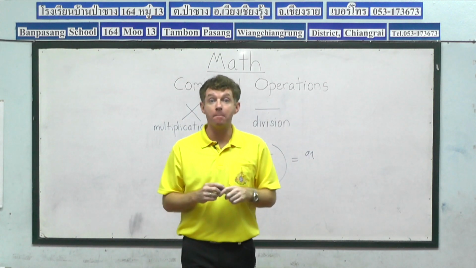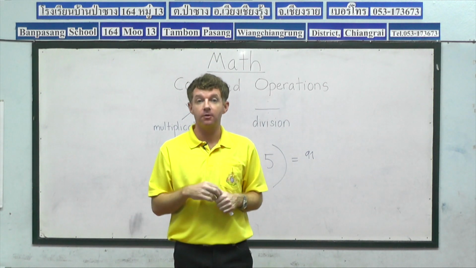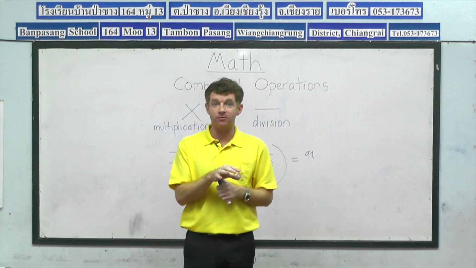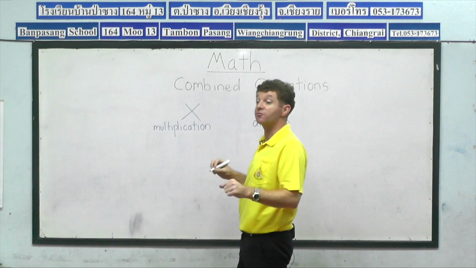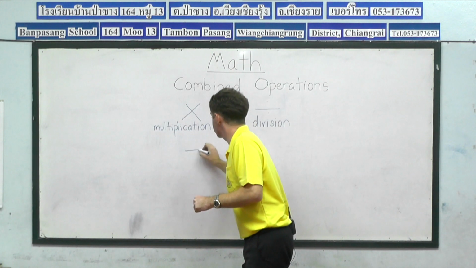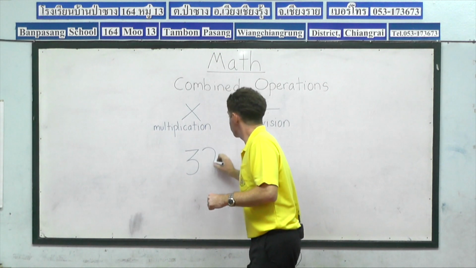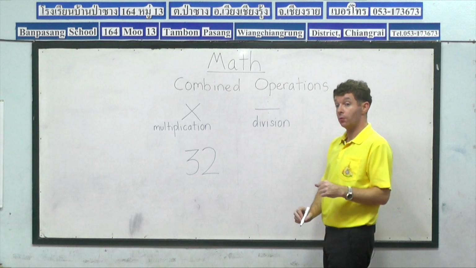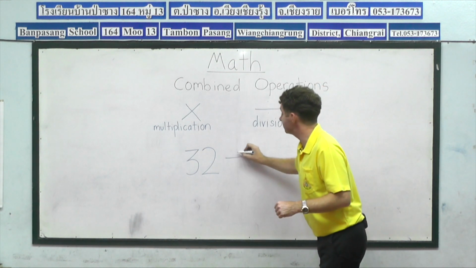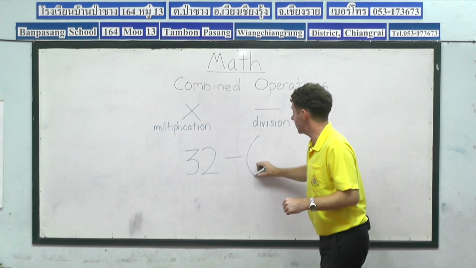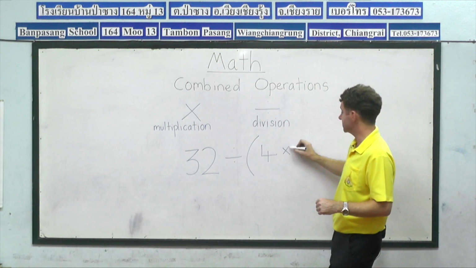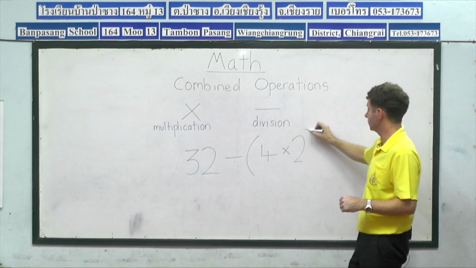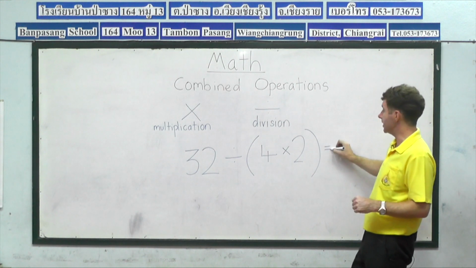And let's do one more combined operation with multiplication and division to show our students know and understand. So we'll do another sum now. So first of all, guys, 32 divided by, at this time, 4 times 2 equals.